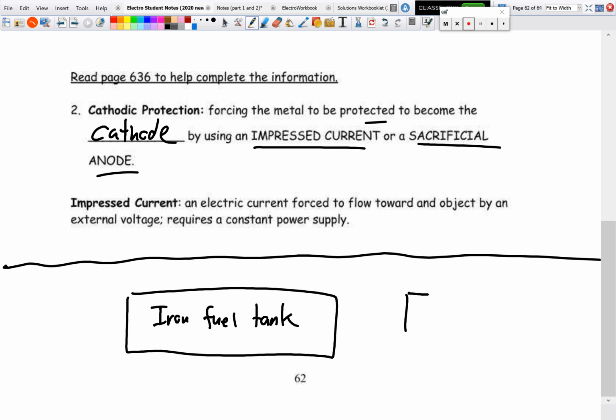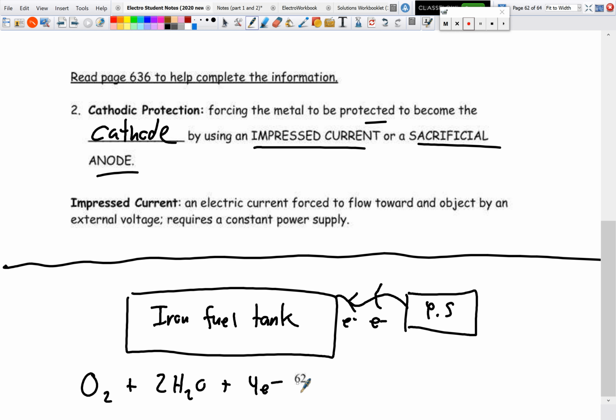But if we hook up a power source and connect it to our tank, and we force the electrons through here, now for this half reaction of our oxygen plus our water, 2H2O plus 4 electrons producing 4OH minus.